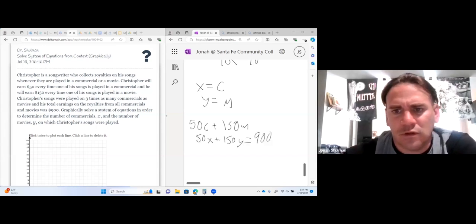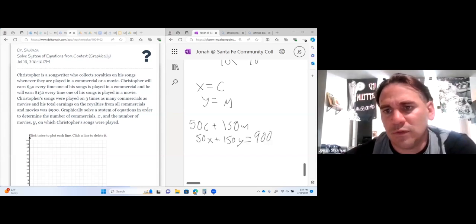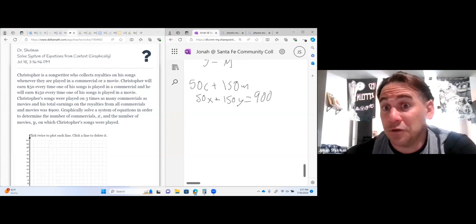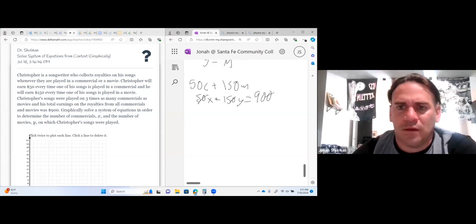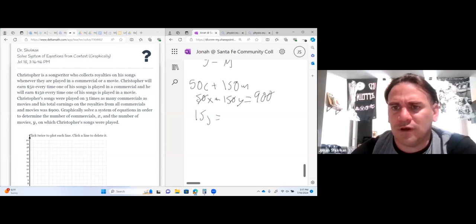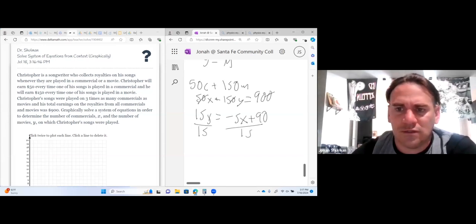900. First step, I'm going to make my life a little bit easier, considering I'm tired and I already missed some. So ready? Boom, boom, boom. All right, so I'm going to do 15y equals negative 5x plus 90. Divide by 15, divide by 15.